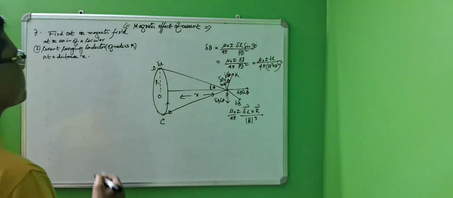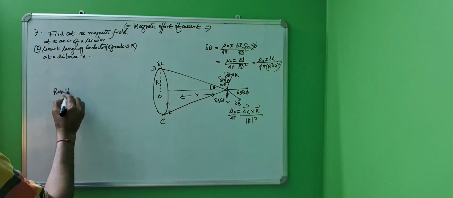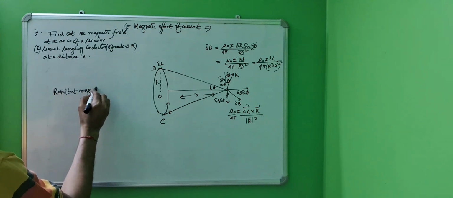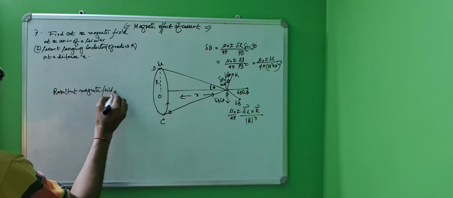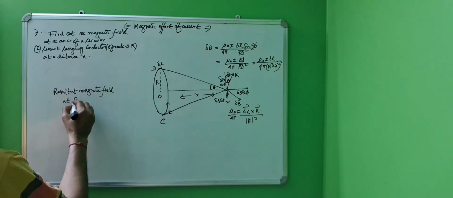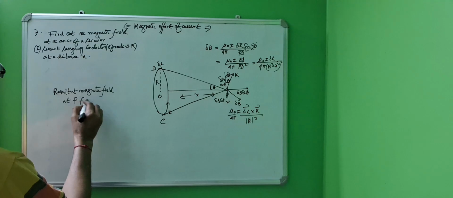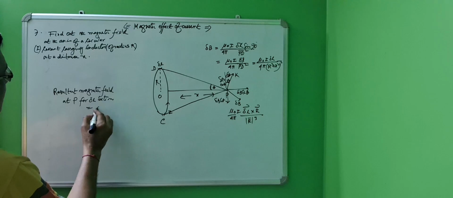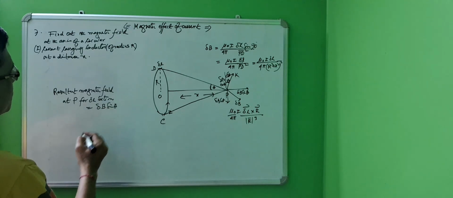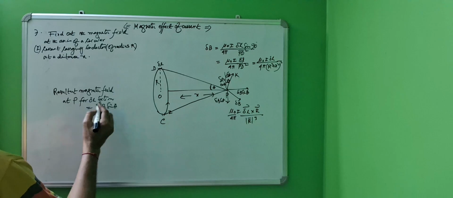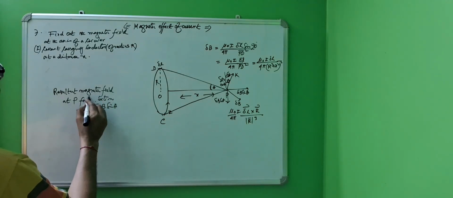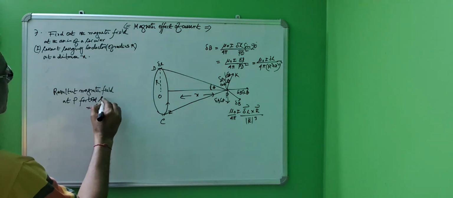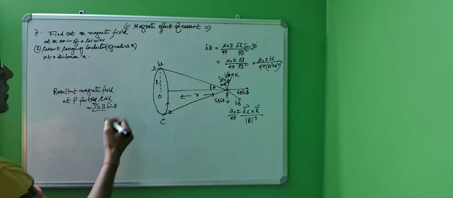So the resultant magnetic field at point P for this delta L section equals delta B sin theta, and for the total coil equals sigma delta B sin theta.